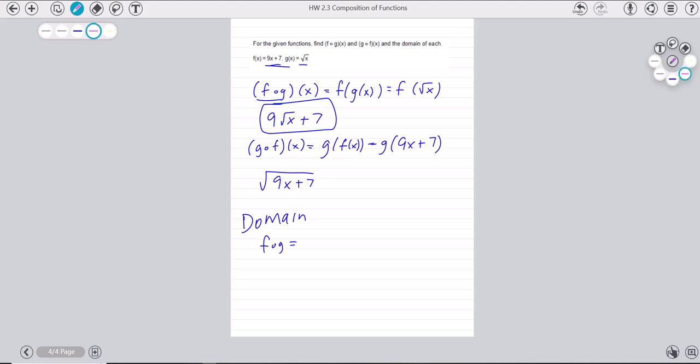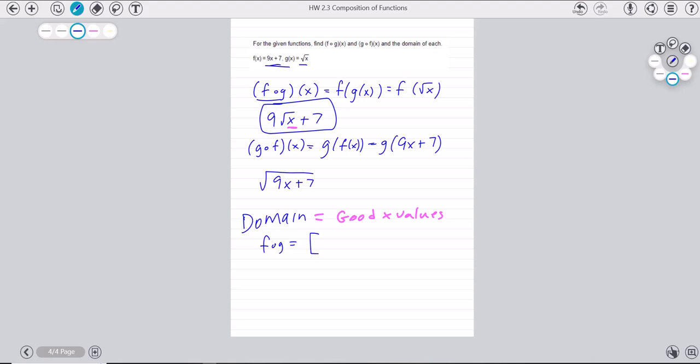So the only thing that's really affected here is the domain, the good x values. That means it is okay to plug in these values. You can't take the square root of a negative number, but you can take the square root of 0, right? Because the square root of 0 is 0.